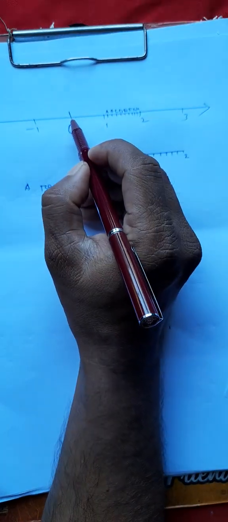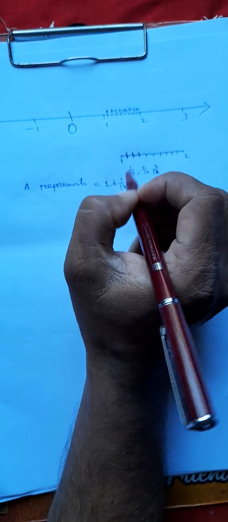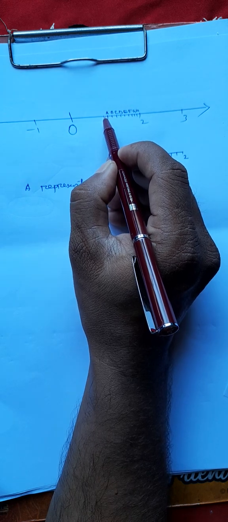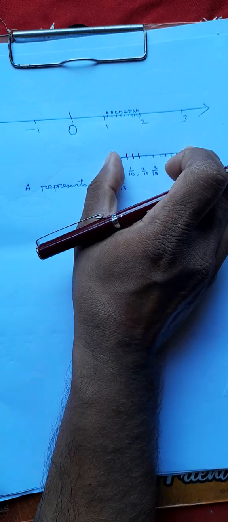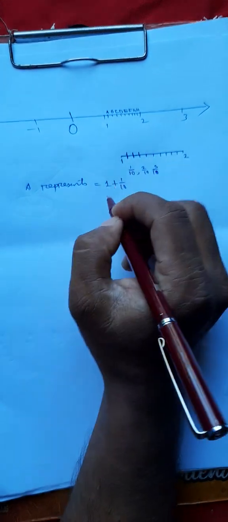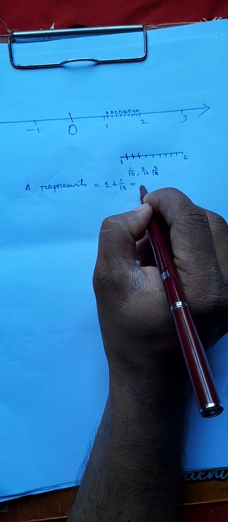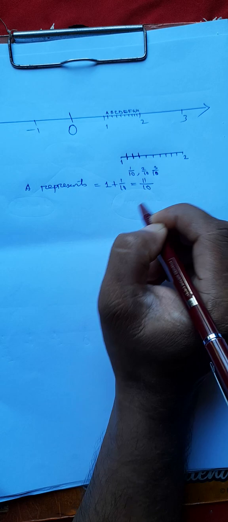Since this portion represents 1/10 of the line segment between 1 and 2, point A represents 1 plus 1/10. That means 10 ones are 10 plus 1, 11, so 11/10.